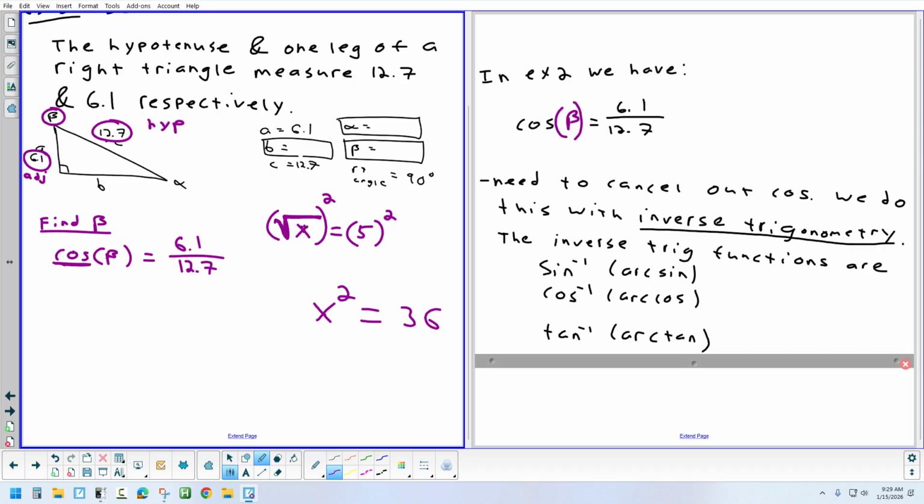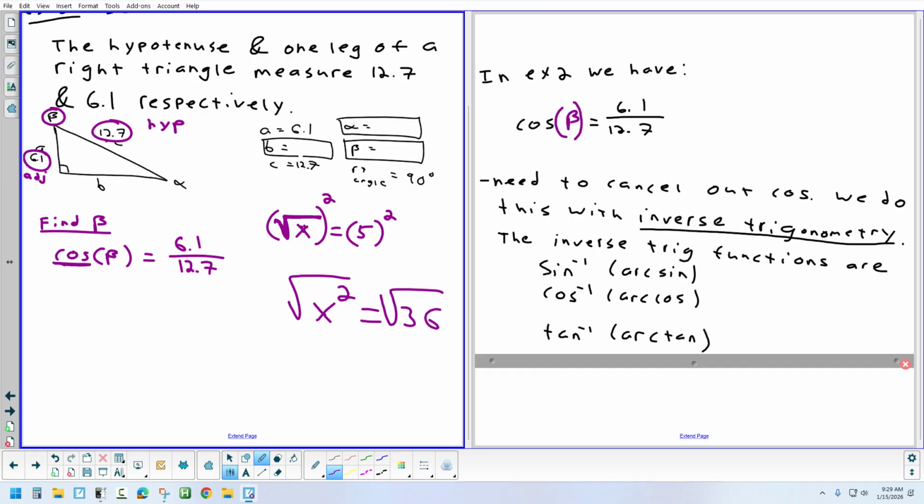Square root both sides. Okay, can you say it again? Square root both sides. Yeah, we're gonna take the square root of both sides. You wouldn't say multiply both sides by square root. You never say multiply, add, subtract, or divide when you're trying to get rid of a function. The correct word to use is take the square root of both sides.